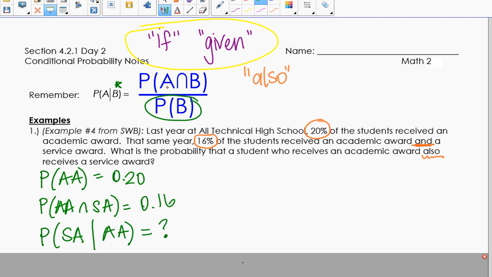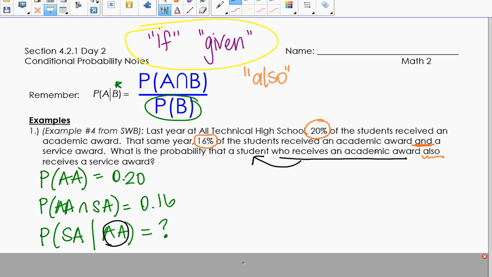So if you use this formula above, notice your sample space is going to be the AA because that's in your condition. So we're looking for what's the probability that a student who receives an academic award. Okay, this is just describing the type of student. That's how I came to my conditional here. Also receives a service award. So technically the question is saying what's the probability that a student receives a service award.